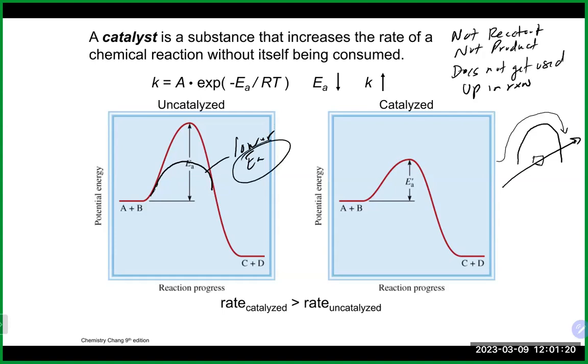The result of lowering the activation energy by finding that alternative pathway is it will typically increase the proportion of molecules that have enough energy now to get to the other side. So because now the hill is much smaller, you could get to the other side. There's more people that can make it up the hill, right? So, again, it's like if we were running up a giant hill, straight uphill.